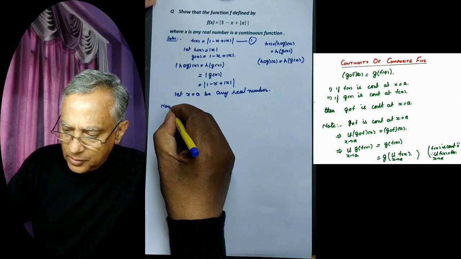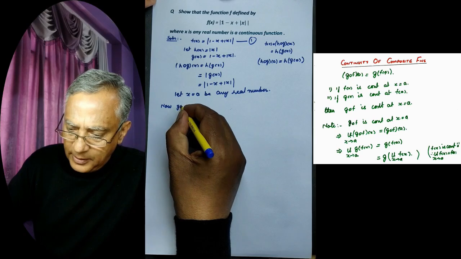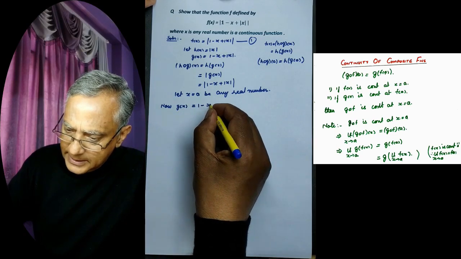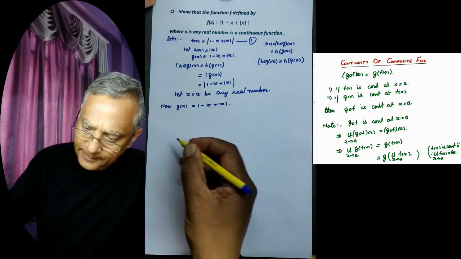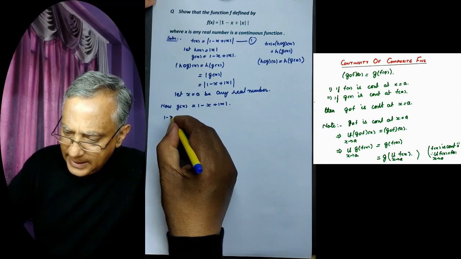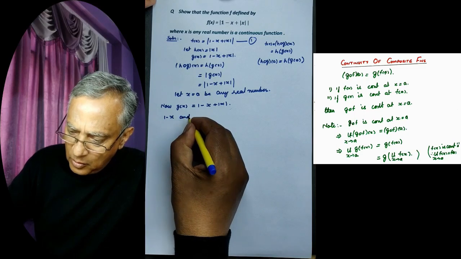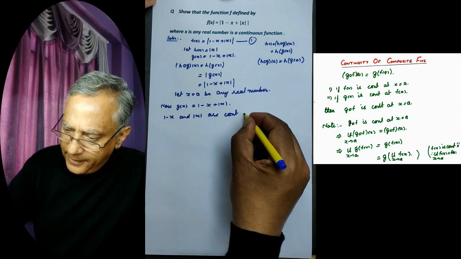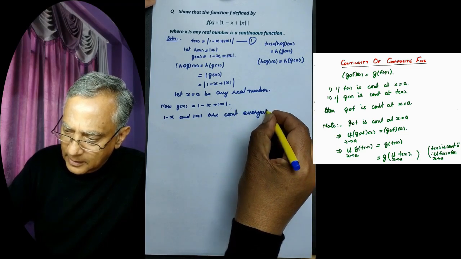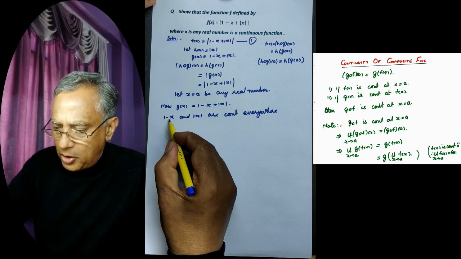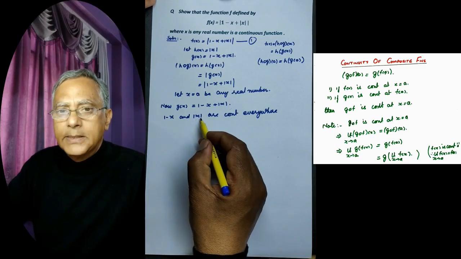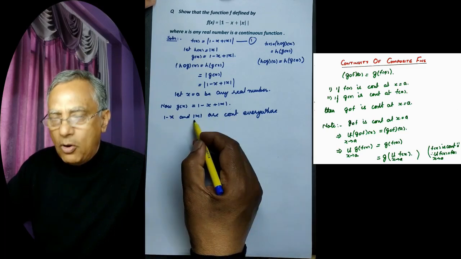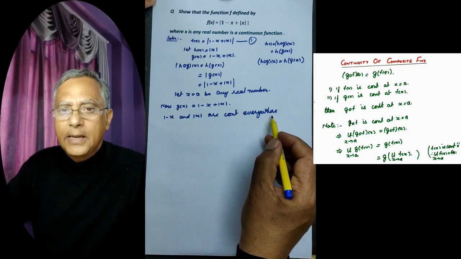Now g of x is equal to 1 minus x plus mod x. 1 minus x and mod x are continuous everywhere. This being a polynomial, it is continuous everywhere, and we know mod x is continuous everywhere.